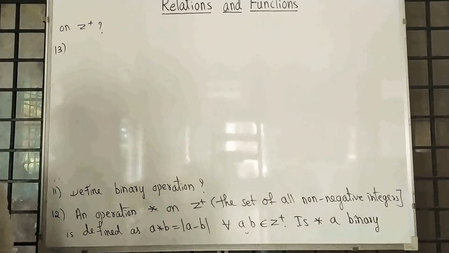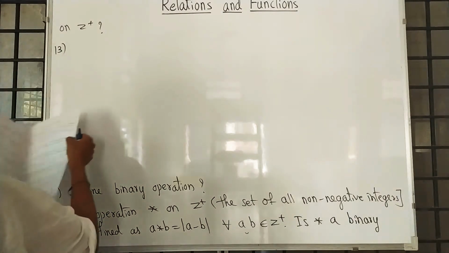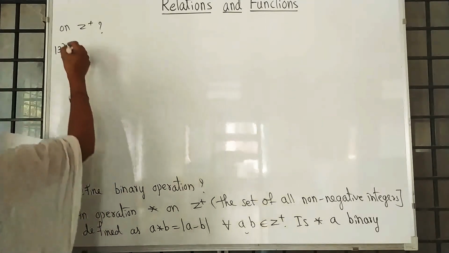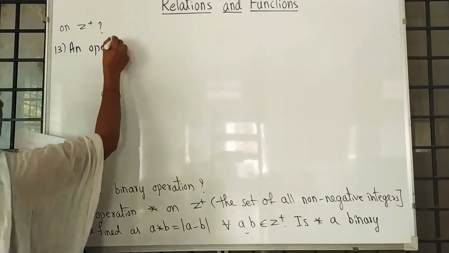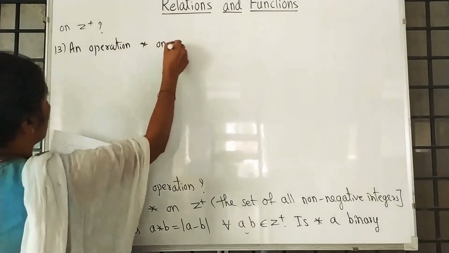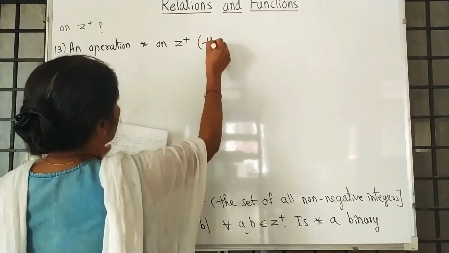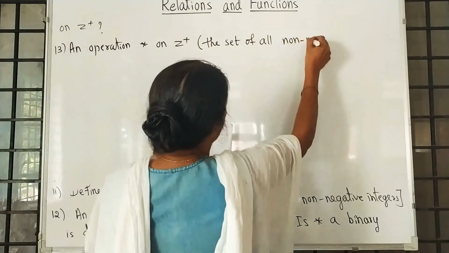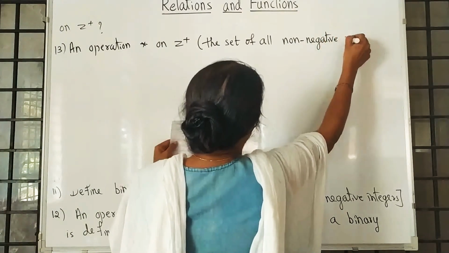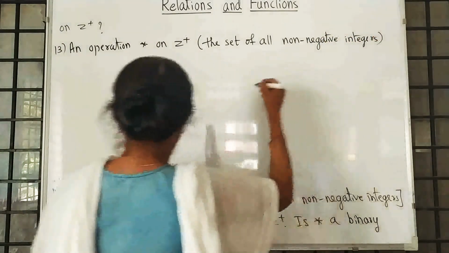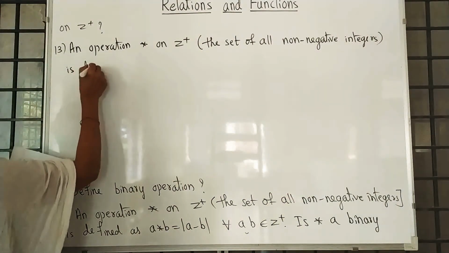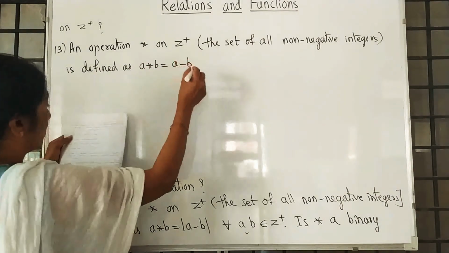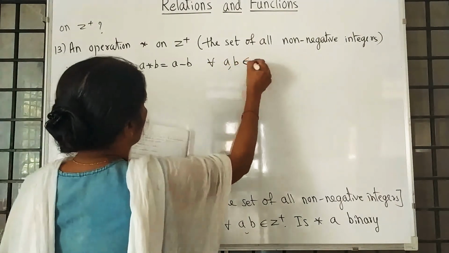Question number 13. An operation star on Z plus, the set of all non-negative integers, is defined as a star b is equal to a minus b for all a, b belongs to Z plus.